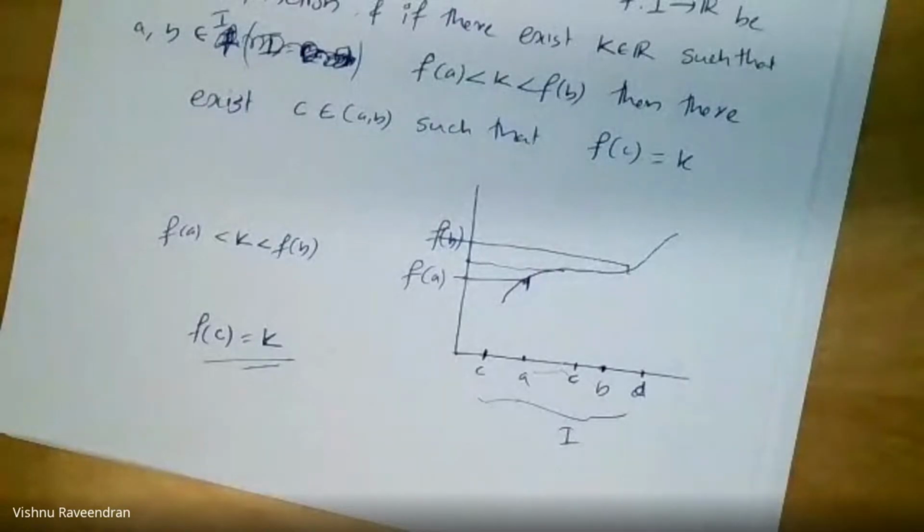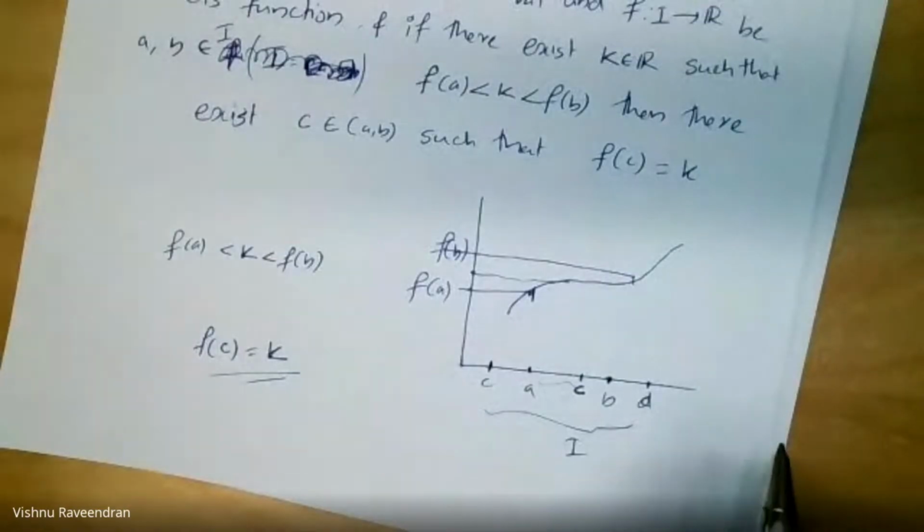Sir, the closed interval c, d, and the point c in the open interval a, b, they are the same. It is different. Sorry, I did not get the point.